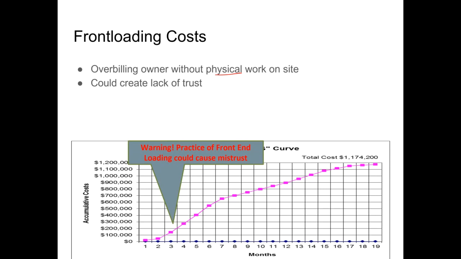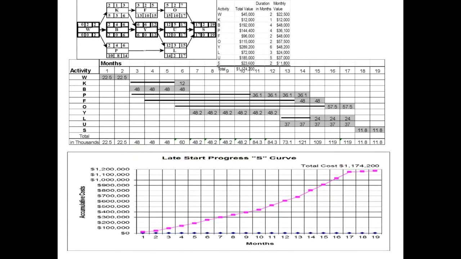This could create a lack of trust. They try to eat into the retainage which clients may be holding on. So it is important that the progress payments should be proportional to the amount of work that is being accomplished on the site.